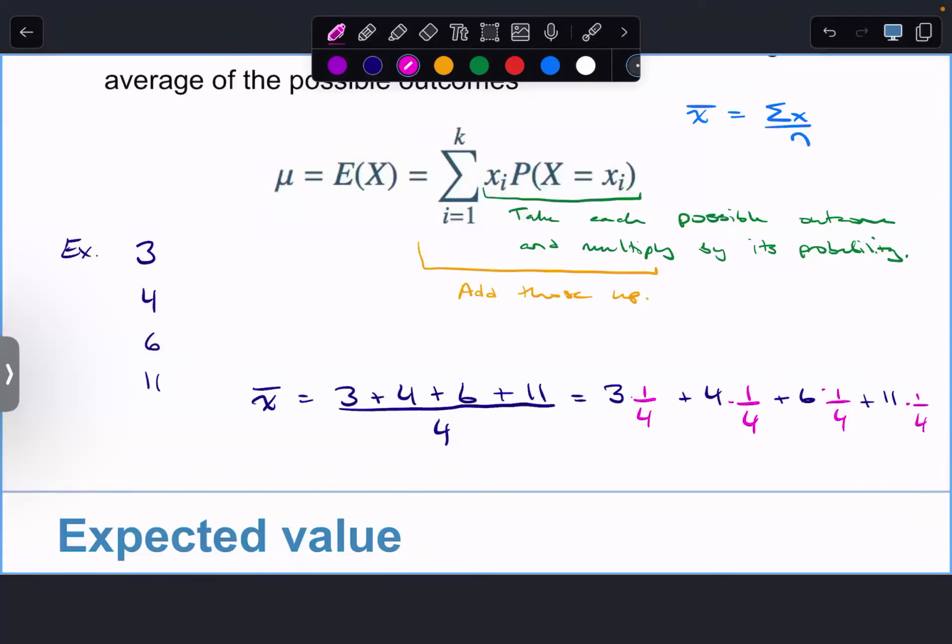So in this case, our x was 3, 4, 6, 11. And we assume that the probability that x equals x is 1 in 4, 1 in 4, 1 in 4, 1 in 4, right? Spread out evenly.